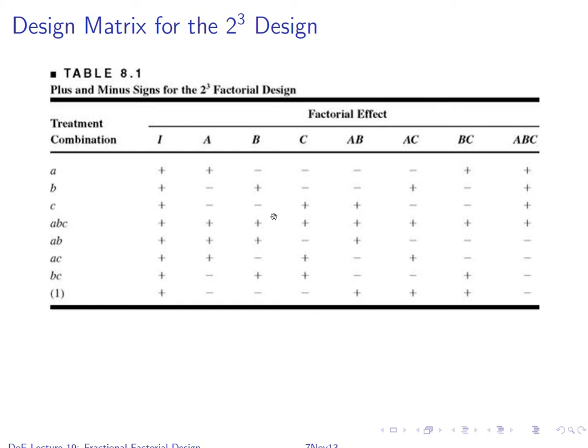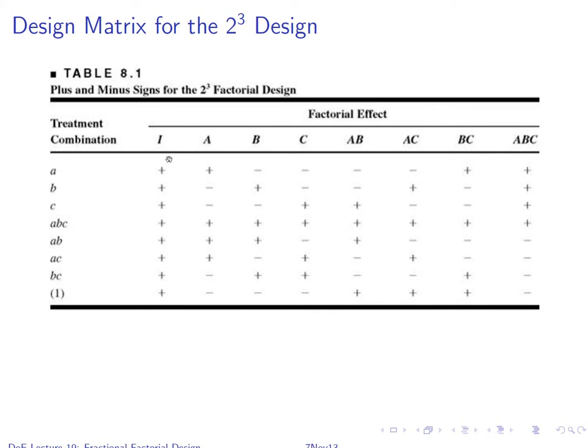There are several other columns in this matrix that are not part of the traditional design matrix, but they represent factor interactions, or as we've noted here, factorial effects. The first column, I, represents the case where all 3 factors are low, and you'll see that in the graphical representation.